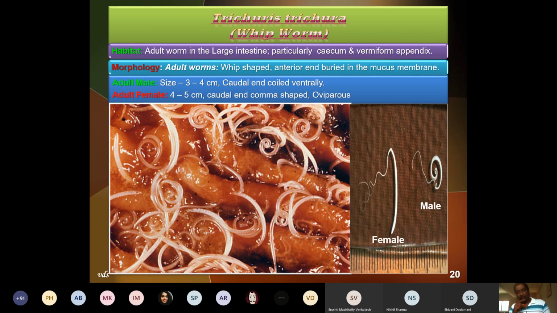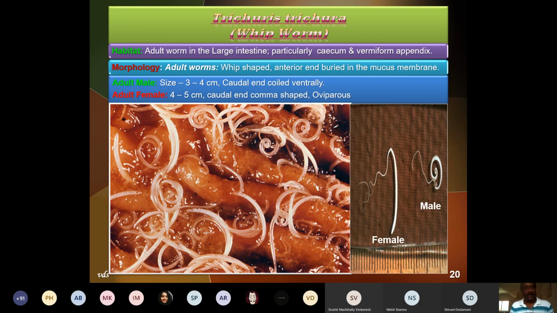Now, if you understand the size of this parasite, the adult male usually measures about 3 to 4 centimeter in length. Out of this, 3 centimeter is very, very thin. Only 1 centimeter, the posterior region, is coiled up.